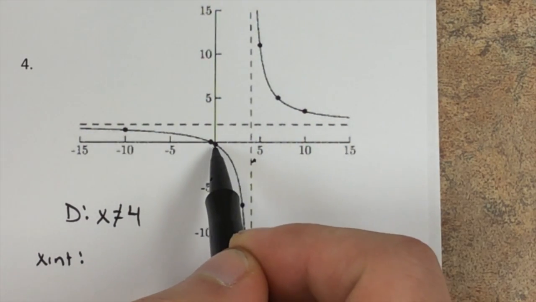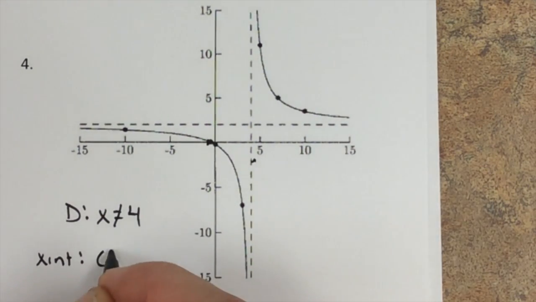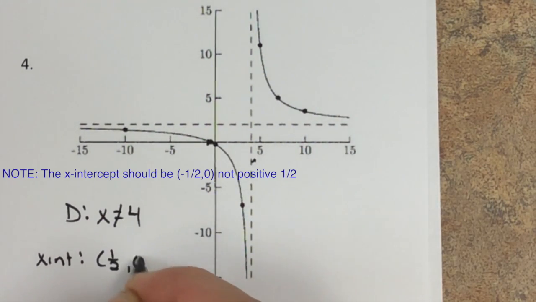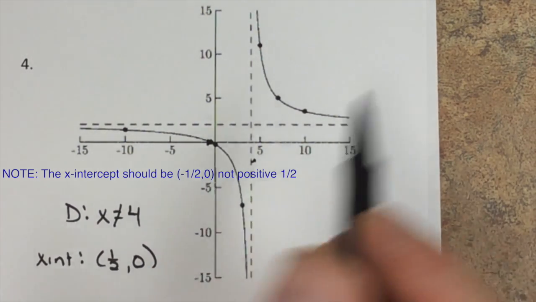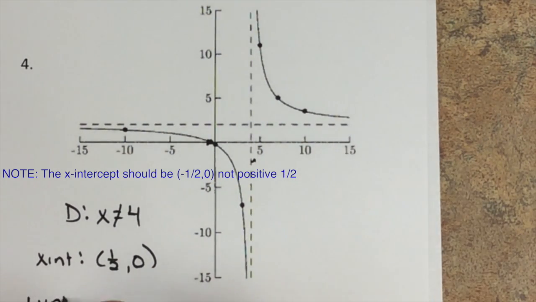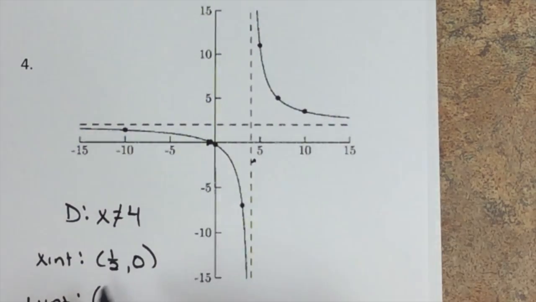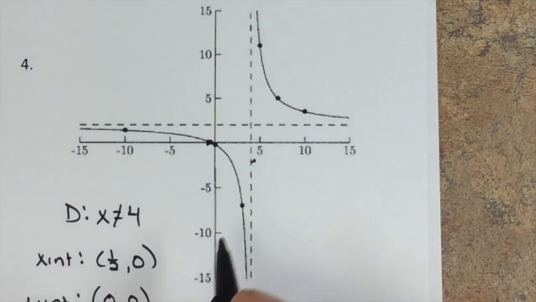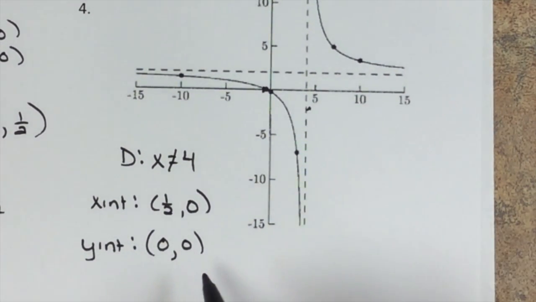So it looks like our graph crosses right here. So let's call that 1/2. Did it cross anywhere else? Nope, we're done. Our y-intercept looks like this crosses right at about 0, maybe a little lower, but for our purposes, let's write y equals 0.